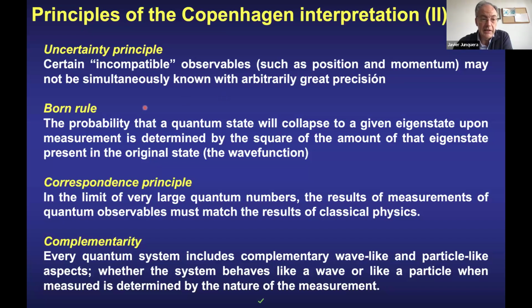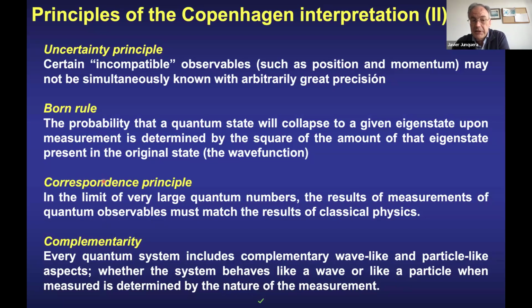Then we have the Born rule that was mentioned before: the probability that a quantum state will collapse to a given eigenstate upon measurement is determined by the square of the amount of that eigenstate present in the original state.